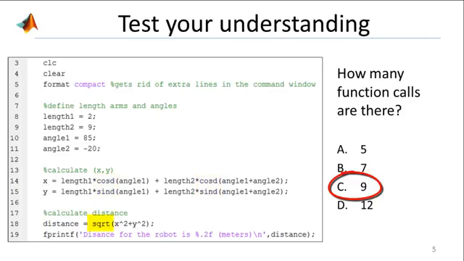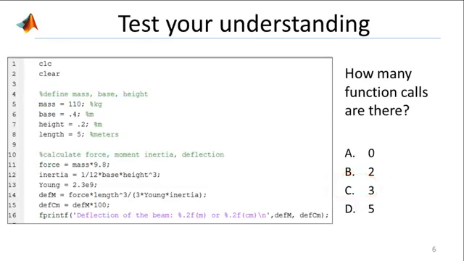On line 18, we call SQRT. And on line 19, we do fprintf. So there's 9 function calls right here. How about this one? There's only 3 function calls right here: CLC, clear, and at the very bottom, fprintf.